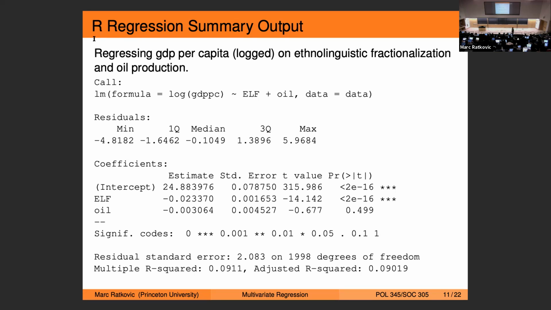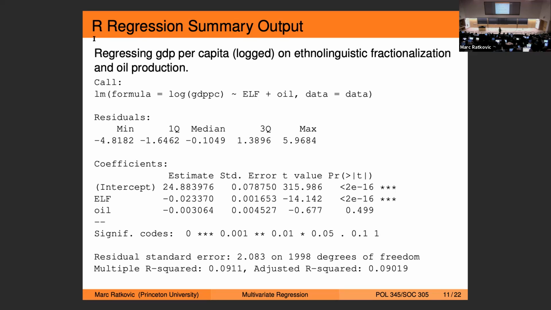First we have to turn to the standard error and see how precisely our 0.003 was estimated. The standard error is 0.004. What that means is that our t-value is negative 0.6667, which is negative 0.003064 over 0.004527. And the p-value is 0.499.